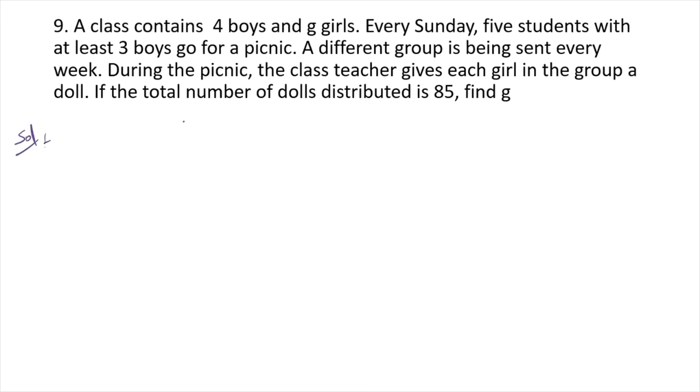So the number of students in the picnic is going to be 5, and there are at least 3 boys. At least 3 boys means exactly 3 boys plus exactly 4 plus exactly 5, but the class contains only 4 boys, so exactly 5 I cannot have.